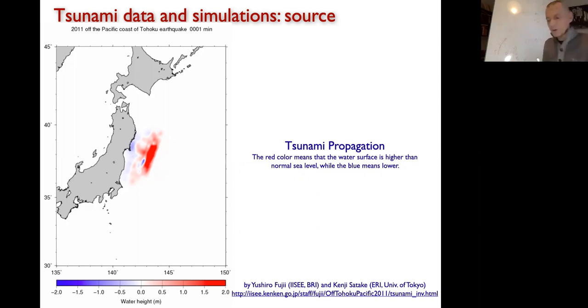One of the simplest expressions, but useful for tsunami velocity, is the square root of g, the gravity acceleration, times the height of the fluid. What does it mean? That on average, the velocity of a tsunami, that is a gravity wave, in this condition, called deep water condition, we will see later why it's called like that, reaches for an average ocean of 4,000 meters, the velocity of 200 meters per second. So 0.2 kilometers per second.